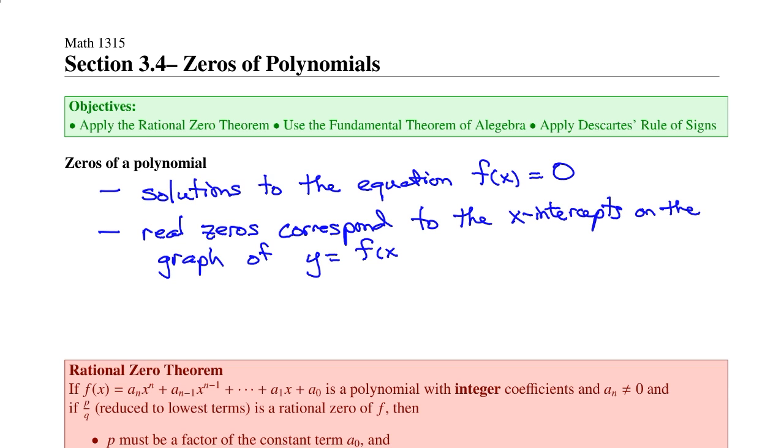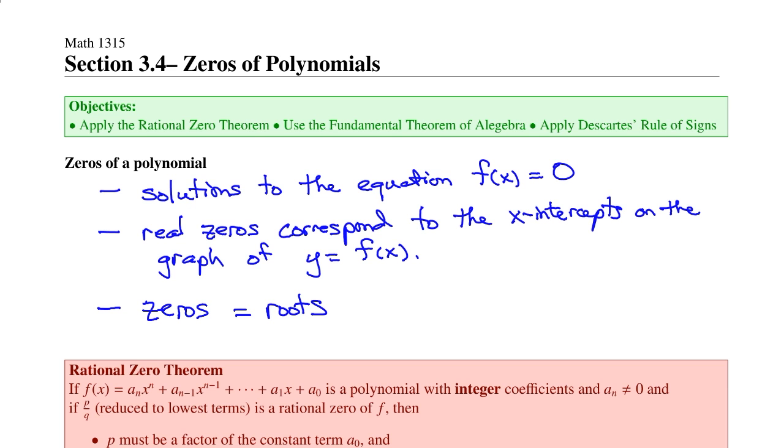And we've seen this in the past. And finally, zeros are also called roots. So you may hear me say root instead of zero. Those are the same thing.